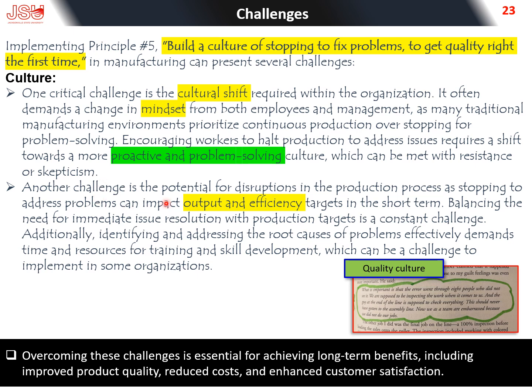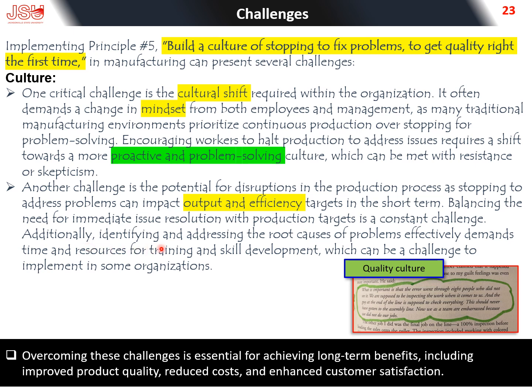Another challenge is the potential for disruptions in the production process, as stopping to address problems can impact output and efficiency targets. In the short term, balancing the need for immediate issue resolution with production targets is a constant challenge.